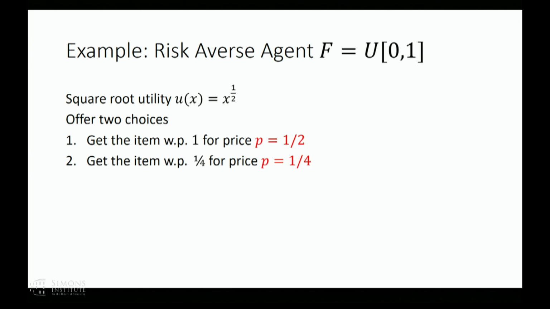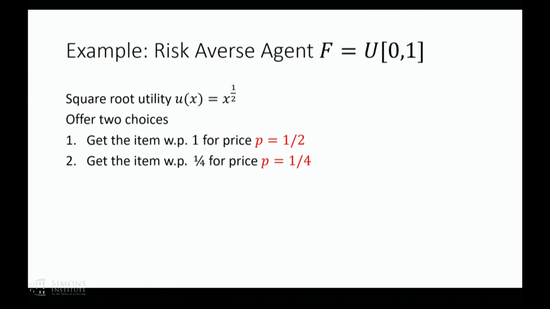The moment you pick that lottery, I'll throw a biased coin: with probability a quarter, you'll win the item, and then and only then you're going to pay another quarter. So you have to decide which of them is best for you. Now, what do you expect to happen in this case?